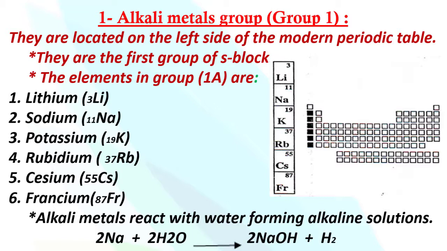That means sodium can replace hydrogen in water, forming alkaline. Alkaline must end with group OH, but acid contains H in the chemical formula. Alkaline changes litmus paper to blue due to the presence of OH.